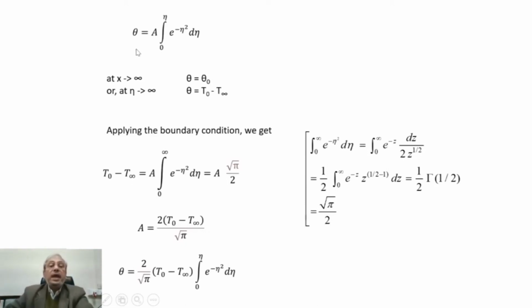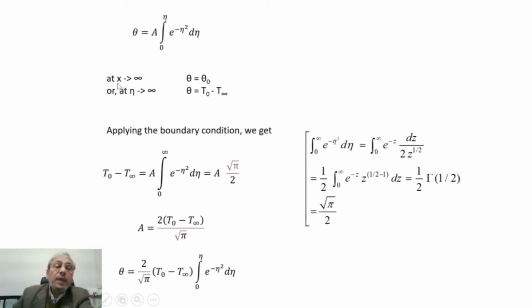So we can write θ equal to A integration 0 to η e to the power minus η² dη. And we know η equal to x divided by 4 root over alpha t.